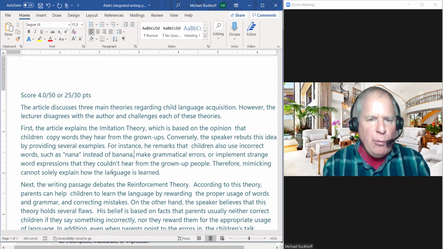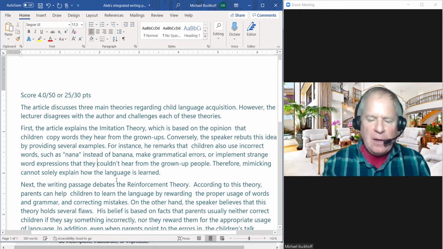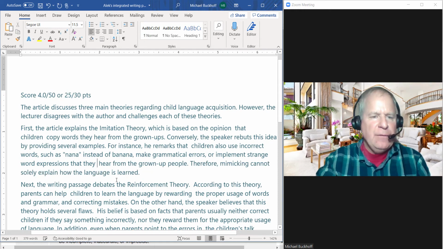So we'll say, he remarks that children also use incorrect words such as nana instead of banana, make grammatical errors, or implement strange word expressions that they couldn't hear from the grown-up people. I'm going to say that they didn't hear.